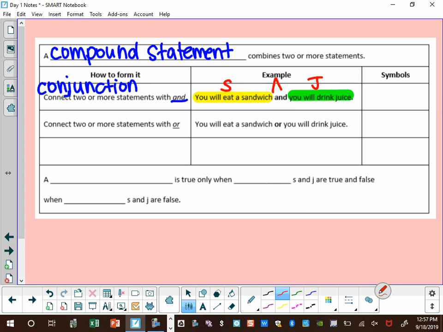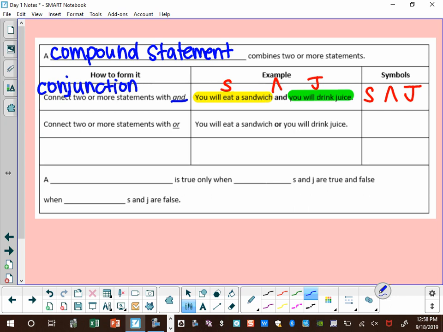On your test, I'm going to give you different letters or different statements, and I'm going to say use S and J in a sentence. Here we're kind of doing it backwards. But your symbol would be S and J. What's important about this are the symbols, not really the statements right now. The symbols are important.